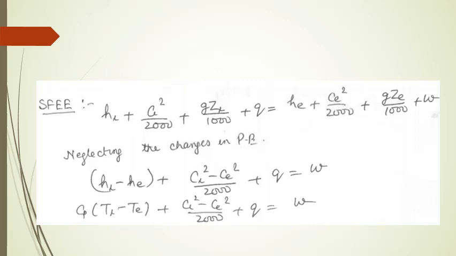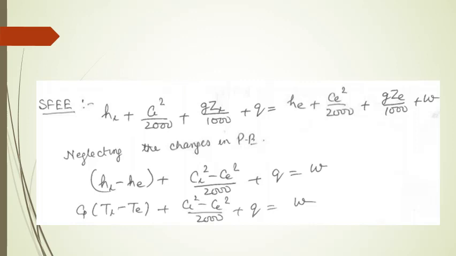Similar is the case for the heat transfer and work transfer, that is Q and W. They are either given in kilojoule per kg in the question, or they are given in kilojoule per second, so that we can convert them into kilojoule per kg with the help of mass flow rate.